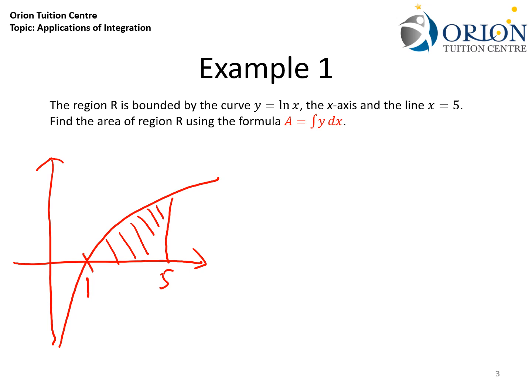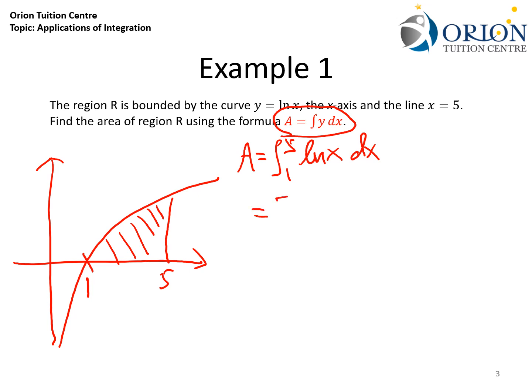Since we are asked to find this area using the formula A equals integration of y dx, we can simply do a direct substitution to get A equals integration of 1 to 5 ln x dx, which we have to integrate using integration by parts.